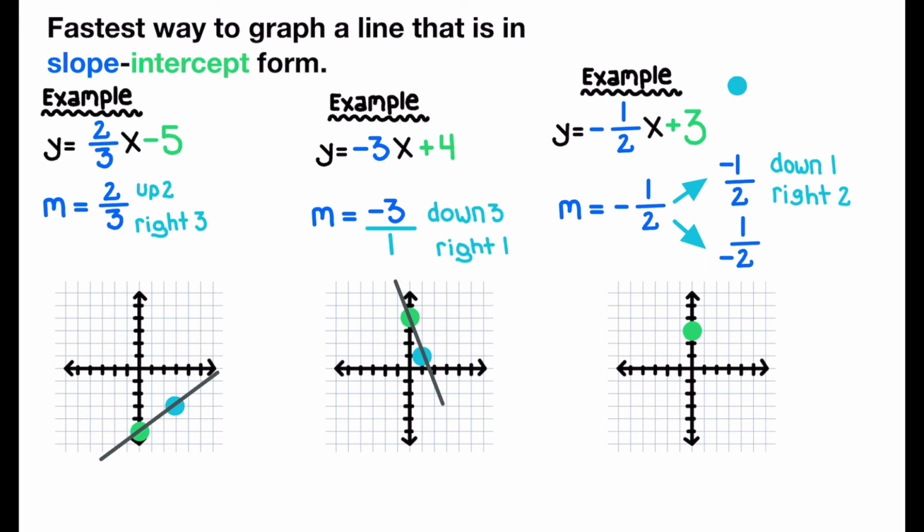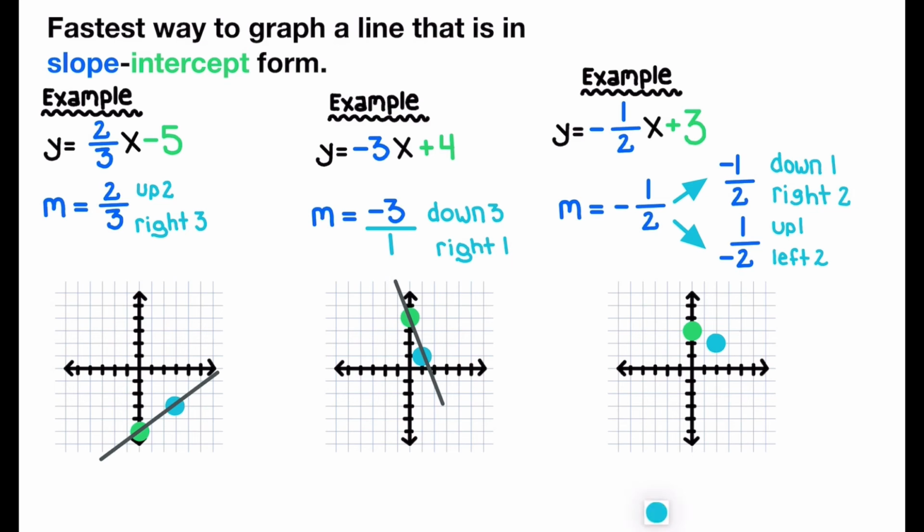So rise -1, run 2 is going to be down 1, right 2. So starting there at 3, let's go down 1, right 2. Now just to show you it's the same, let's try 1/-2.